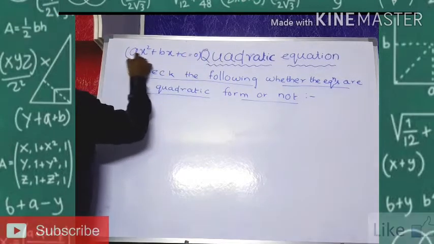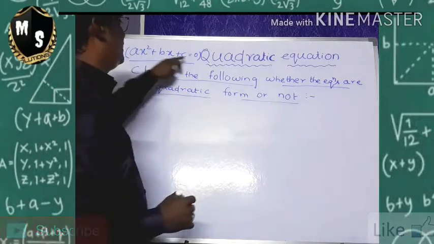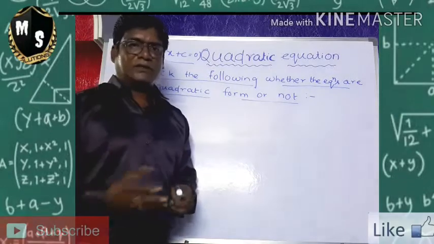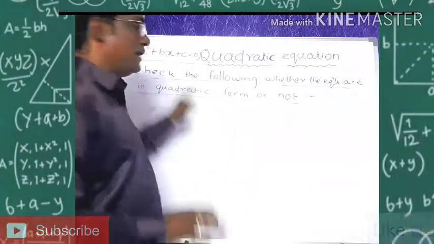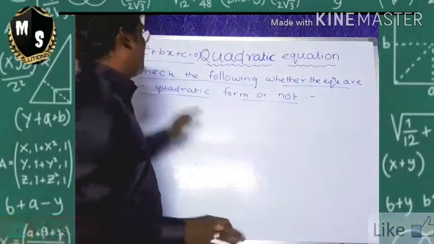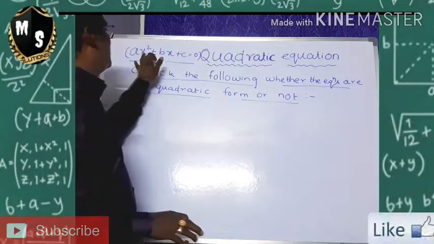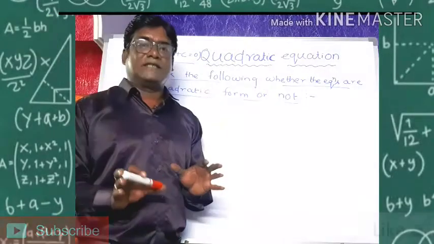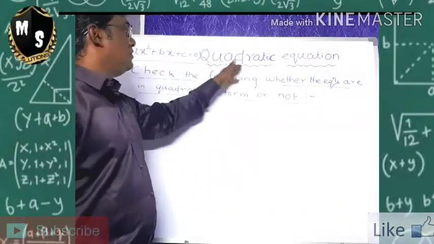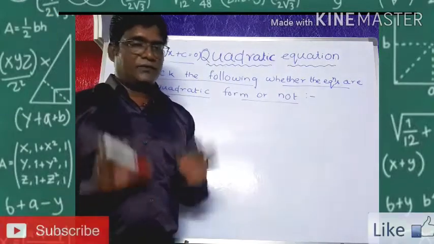This is the general format for a quadratic equation. If any equation given to you, after you examine it, comes in this format ax square plus bx plus c equal to 0, then you can say it is a quadratic equation, or a degree 2 equation.